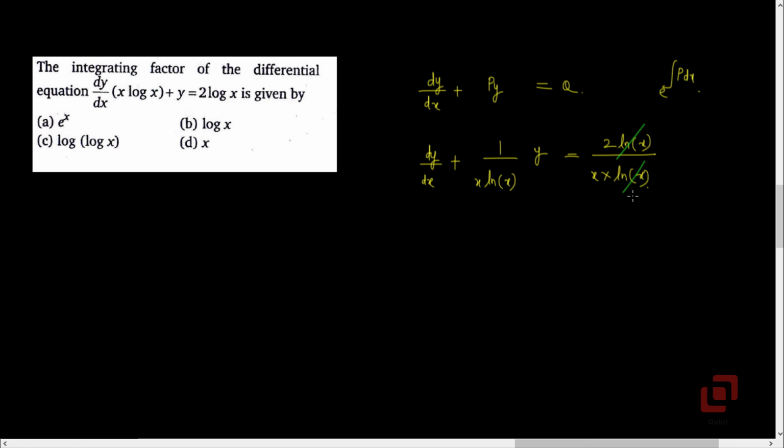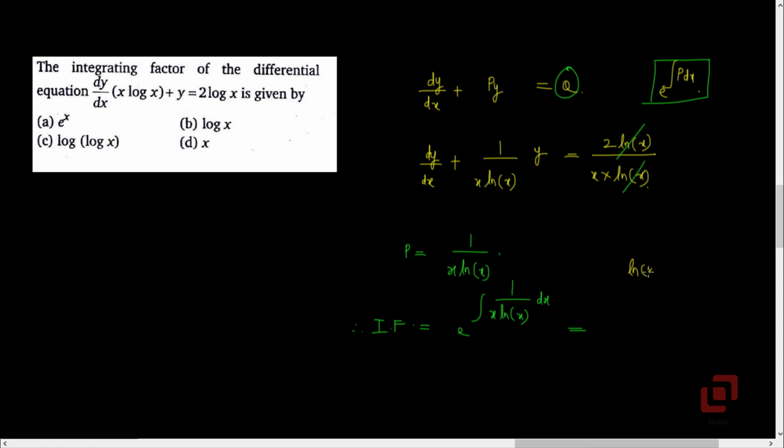Although log of x will get cancelled on the right hand side, we are not interested in q as the integrating factor does not depend on q. P, which is the coefficient of y, is now the function 1 upon x into log of x, and therefore the integrating factor will be e to the power integral 1 upon x into log of x dx.